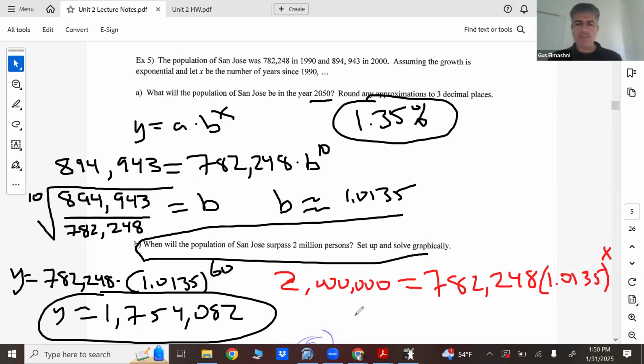You should be doing log base 1.0135. I know we haven't talked about logs yet, but I know you guys learned logs, so I'm going to do a log. Can you just do log normally, with base 10? You can take a log of both sides and use the log property, but you have to divide by 782,248 first. But yes, you can do that. You could take a ln of both sides as well.